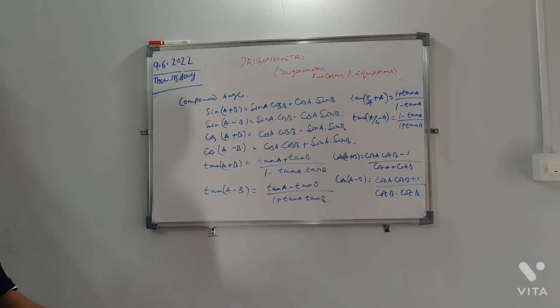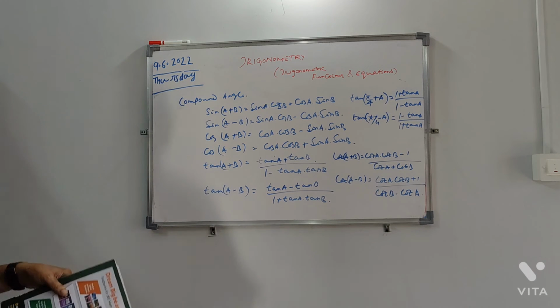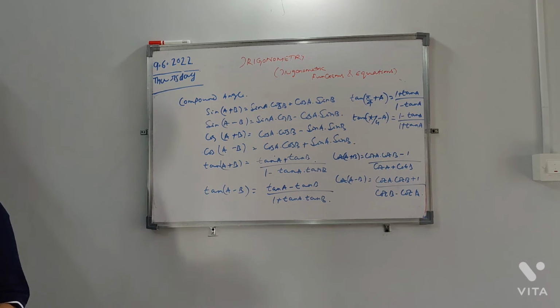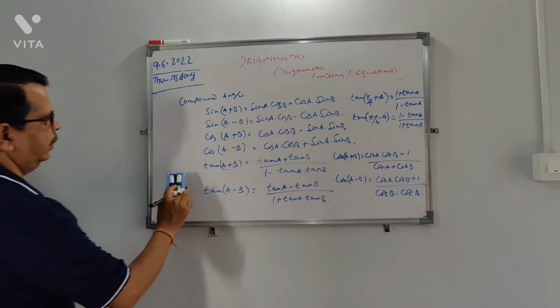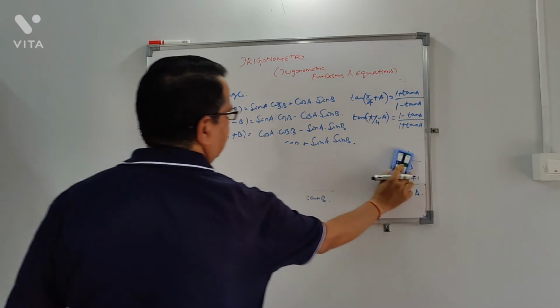You can take a picture of this. Then we will go to multiple angle. You have to learn all these by heart; you cannot derive them. So this is about compound angle.